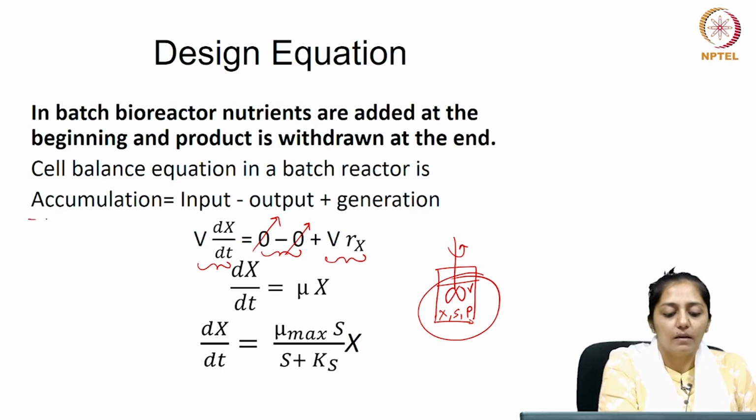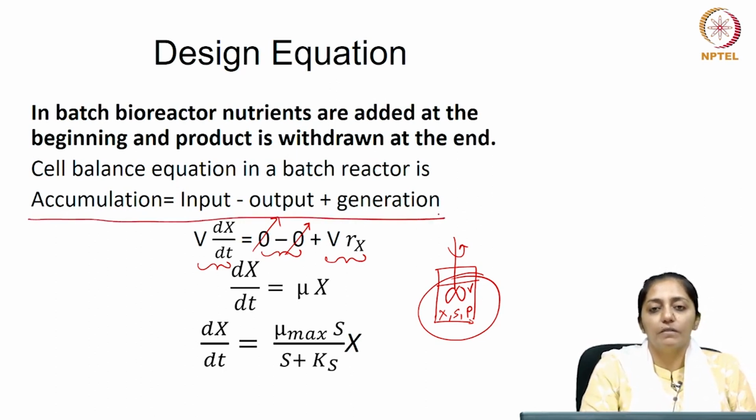So, in the continuity equation, the rate of accumulation of biomass is equal to the rate at which the biomass is coming in minus the rate at which the biomass is moving out, plus the rate at which the biomass is getting generated inside the reactor, minus the rate at which it is consumed. We know that the biomass is not consumed during batch cultivation, it is only generated, so the consumption term is not shown here.